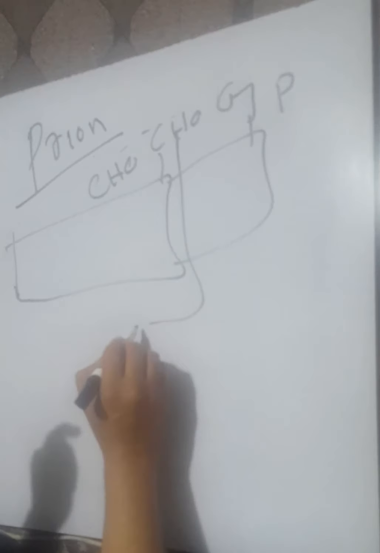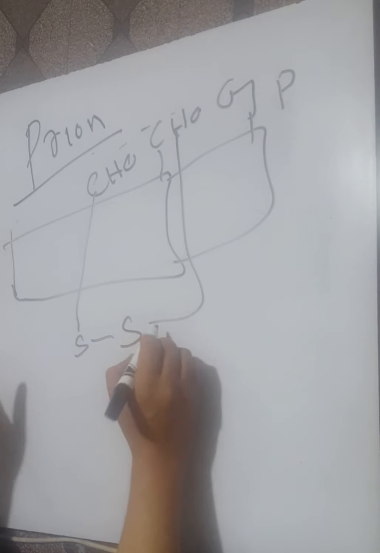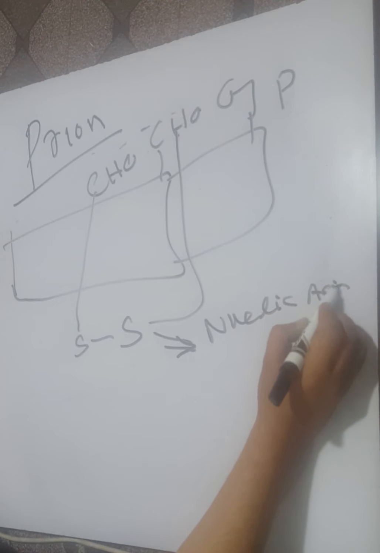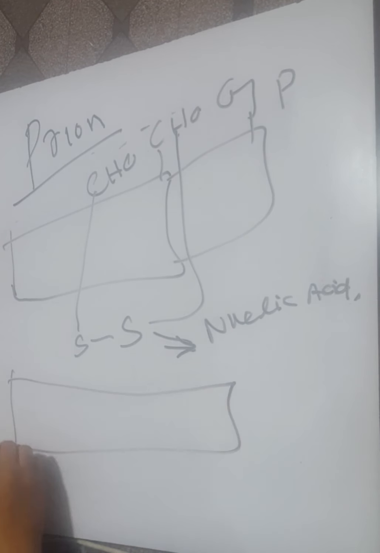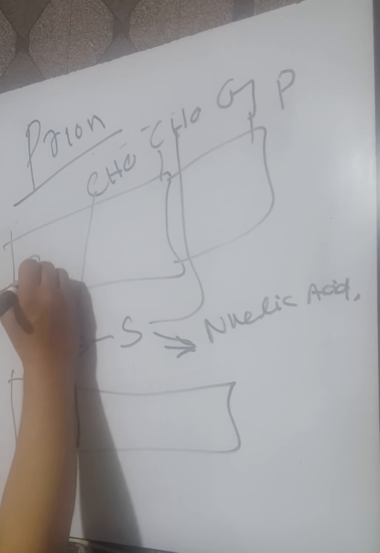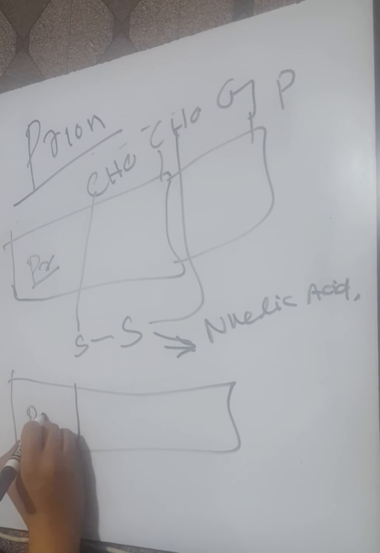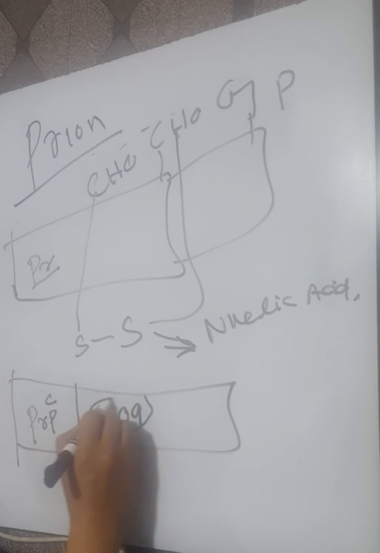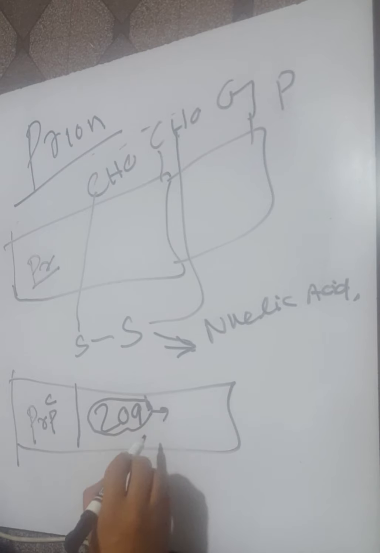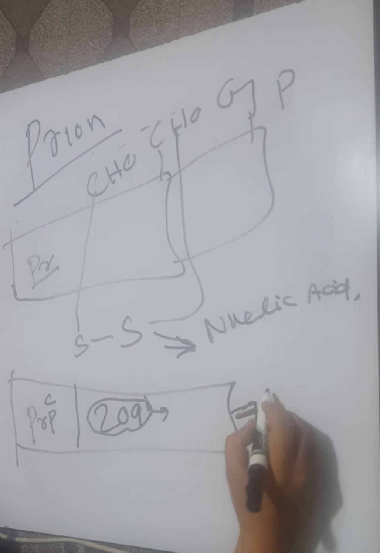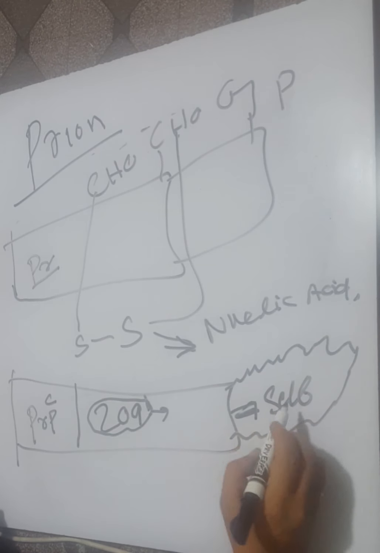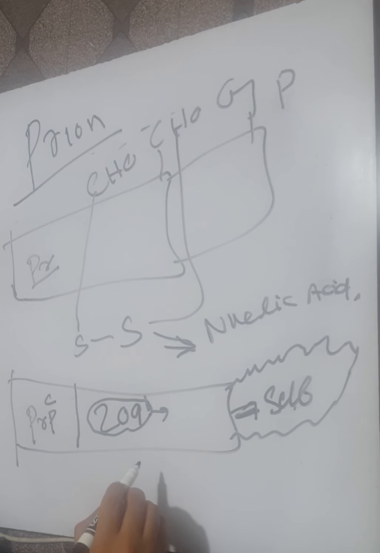There is a disulfide bond. It changes its structure and loses the nucleic acid in this bond and becomes this prion, PRPC, and there are 209 amino acids. This shape has the self-propagating capacity. They self-propagate and change into another structure.